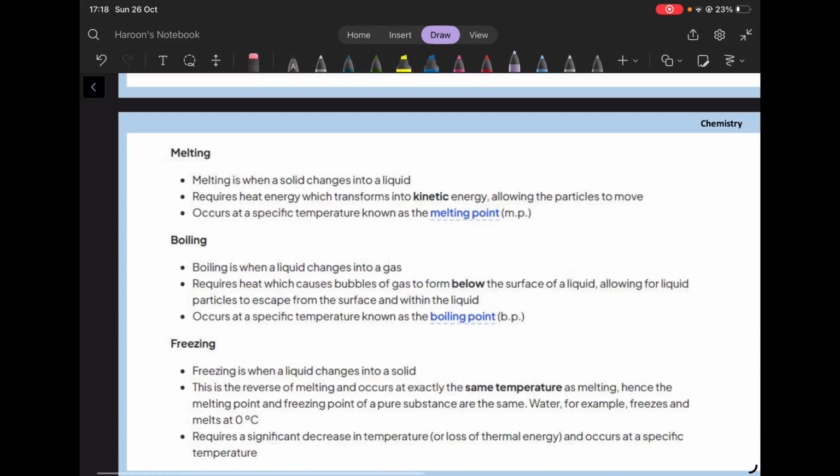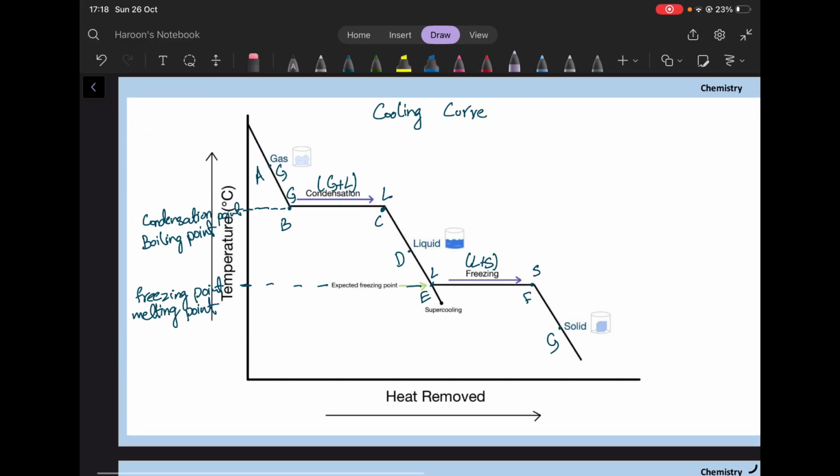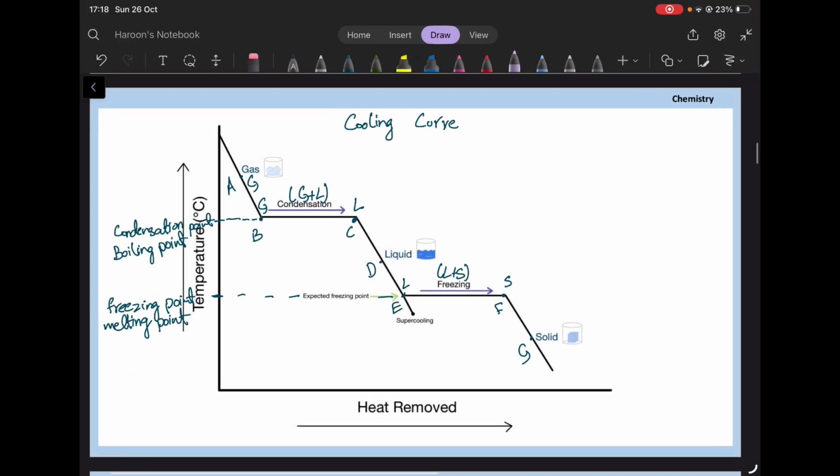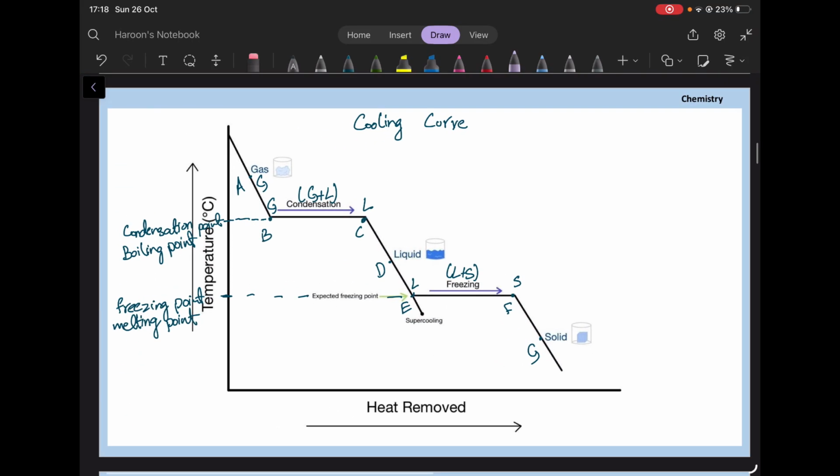Another concept that you should know is that these horizontal parts of the graph can also occur at room temperature, because at room temperature we are not giving it more heat. So eventually, let's say there is no change. For example, we take tea.